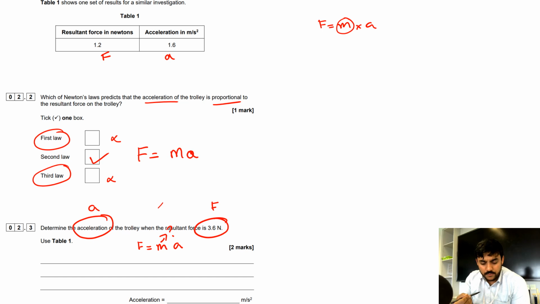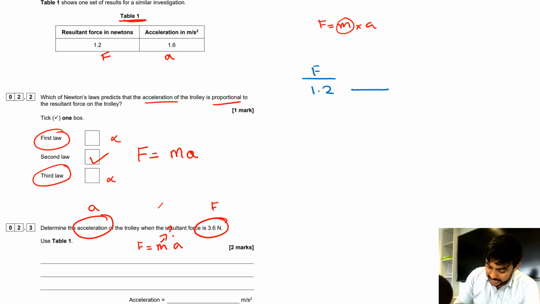What have I done to the force from table 1 to question 2.3? In table 1, the force was 1.2. In question 2.3, the force is 3.6. What have I done to it? I have tripled it, times it by 3.